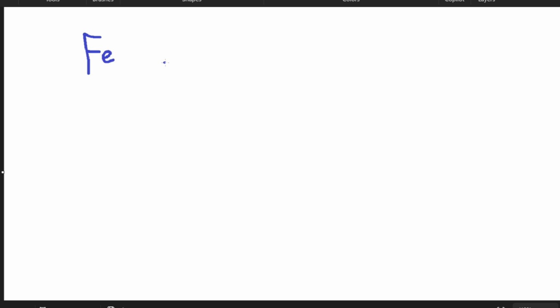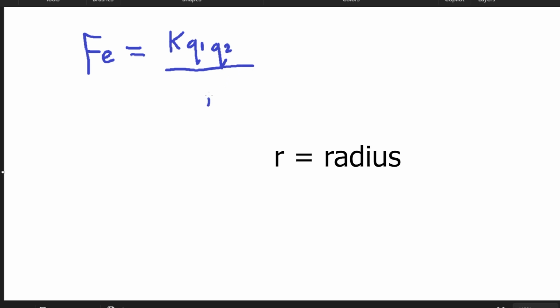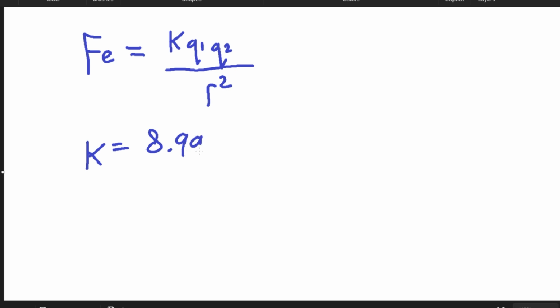So Fe, the electrostatic force between any two charges, is equal to K, which is a constant that we'll get into in a second, Q1, object 1's charge, and Q2, object 2's charge, divided by r squared, and K is equal to 8.99 times 10 to the power of 9 newtons meter squared per coulomb squared.